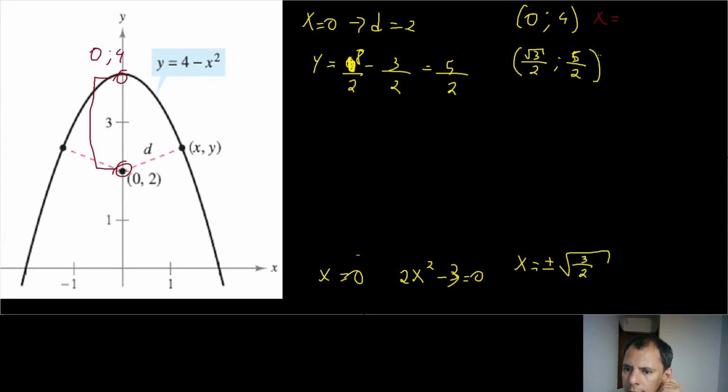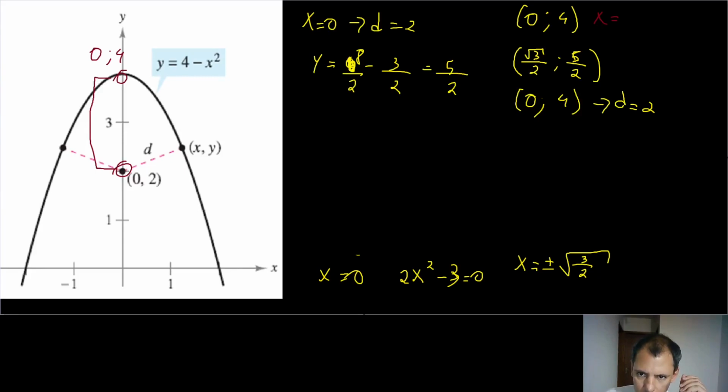Now let's see what the distance is going to be, because when x equals 0, we saw over here that y is going to be 4 and the distance will be 2. What about when x equals square root of 3 divided by 2? There's something else that I want to show you guys.